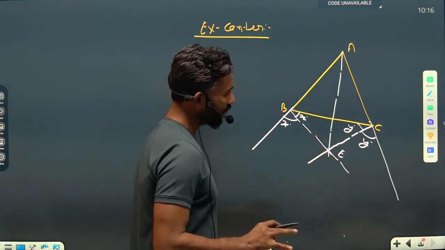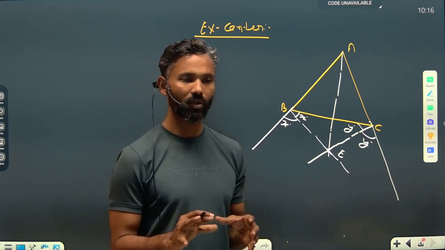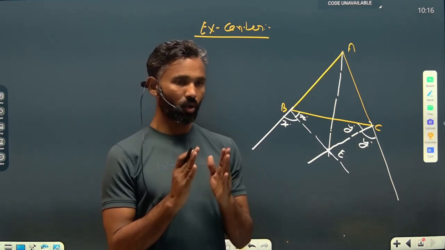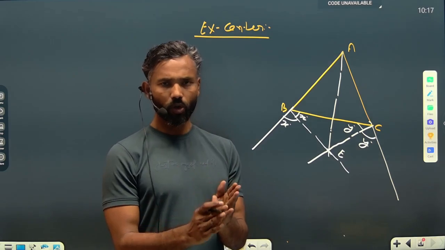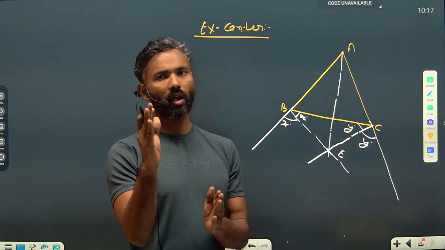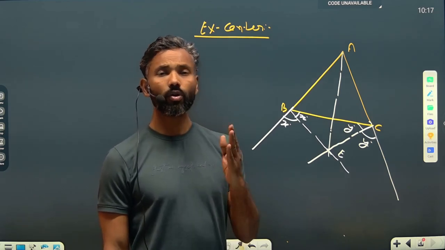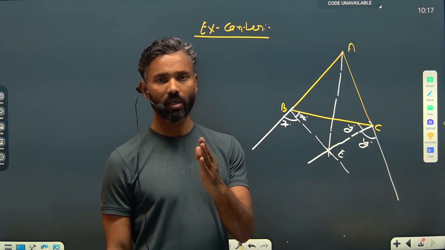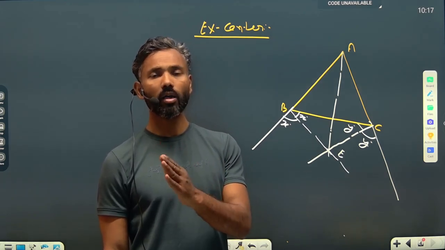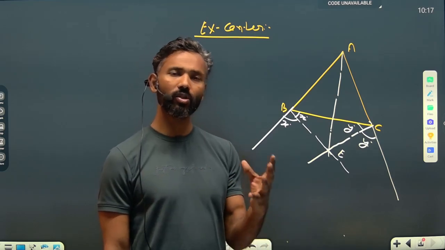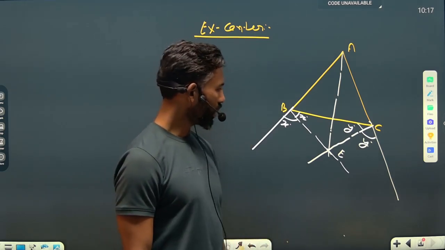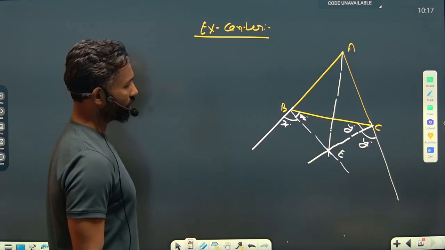Okay, so there are two different definitions related to the excenter. You can say it is the intersection point of two consecutive exterior angle bisectors. Or you can say it is the intersection point of two consecutive exterior angle bisectors along with the third interior angle bisector of the triangle, that is also excenter. Okay, now this is the property.